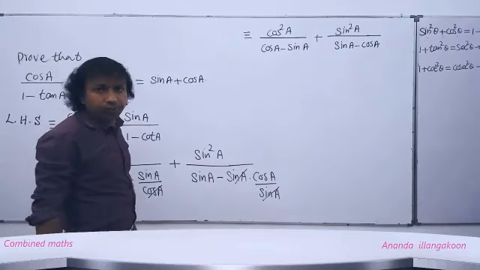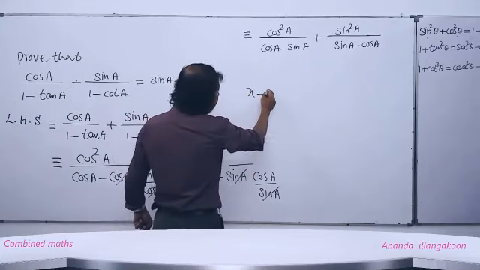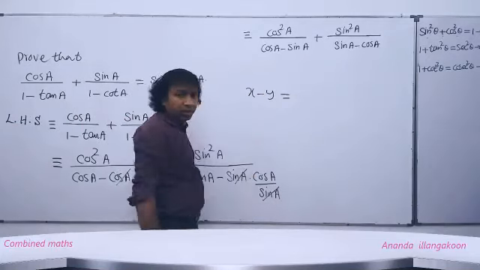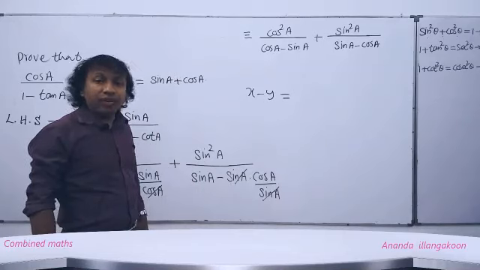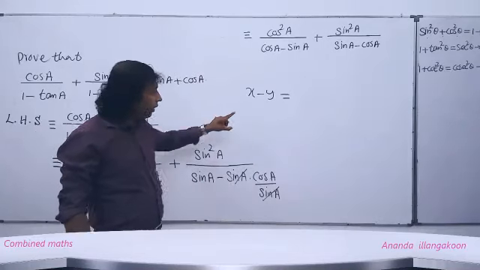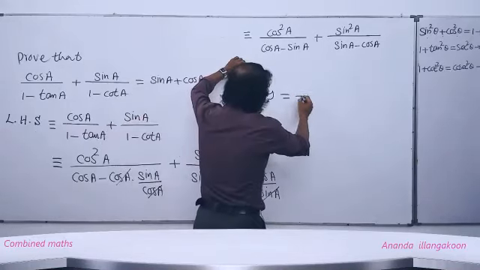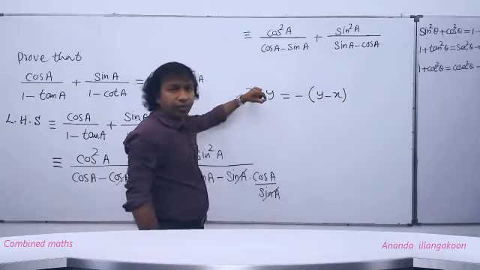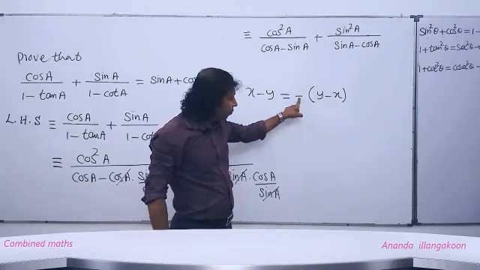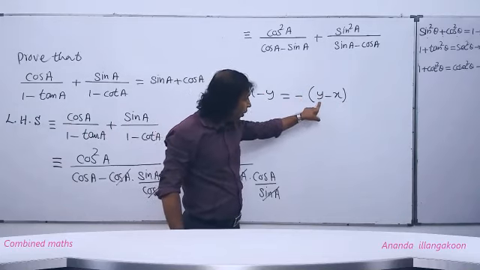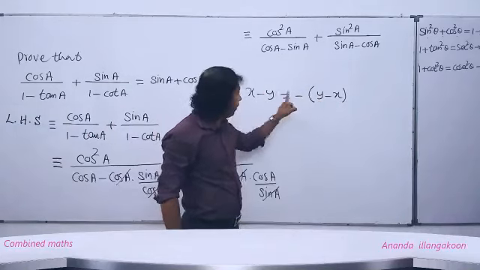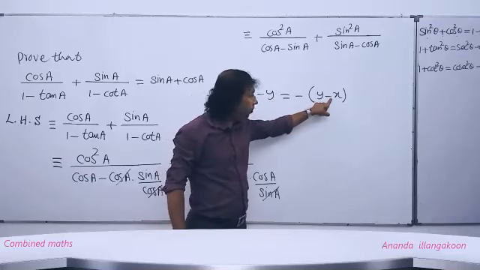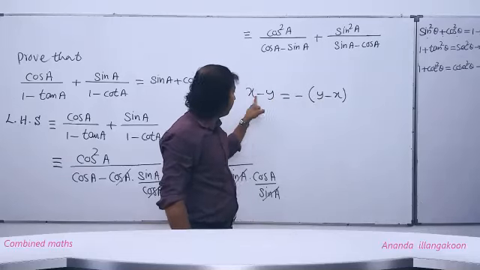You know this. When you have x minus y, people you can write, take minus sign out like this, y minus x. See here, when you remove the bracket by multiplying this minus sign, minus y, this is coming, minus minus plus x, this is coming.